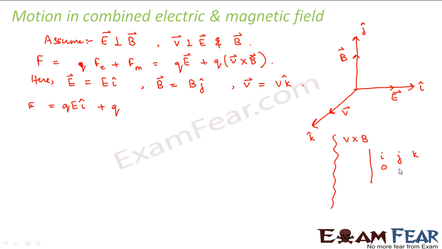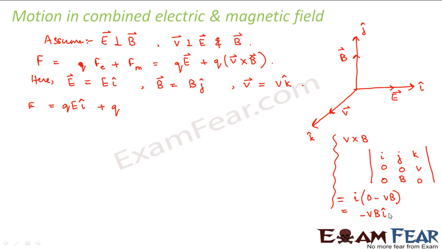V is V k cap. That means 0, 0, V. And B is B j cap. So 0, B, 0. This is how you calculate cross product. So this will become i into 0 minus VB. So this will be equal to minus VB i cap.